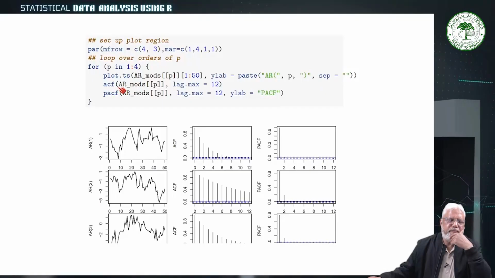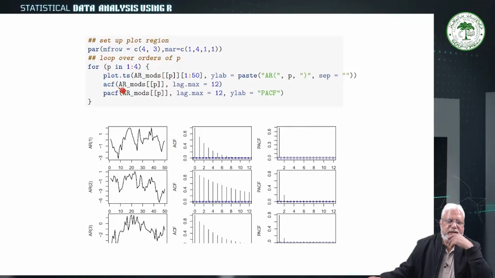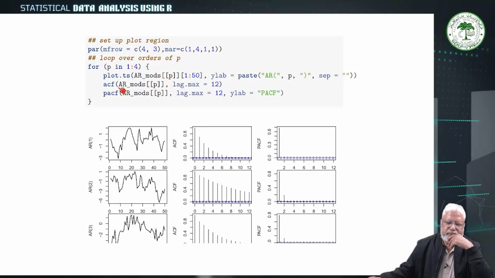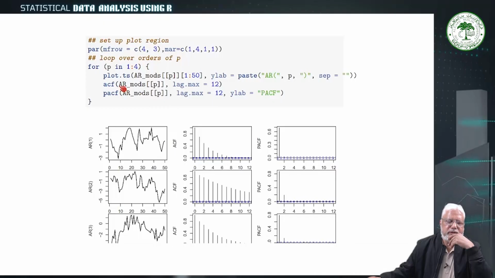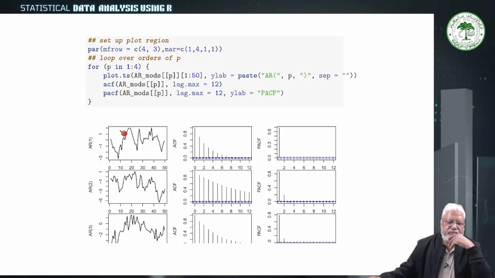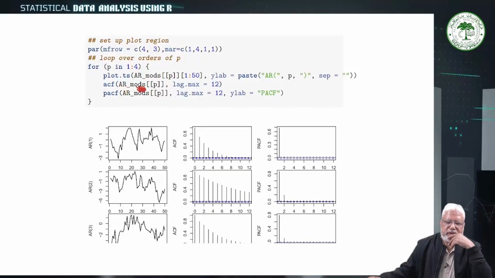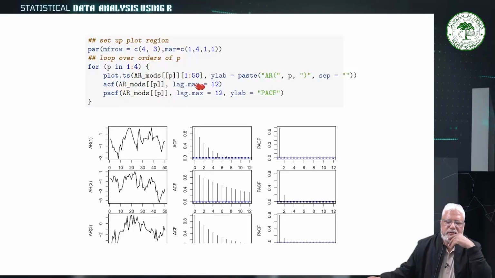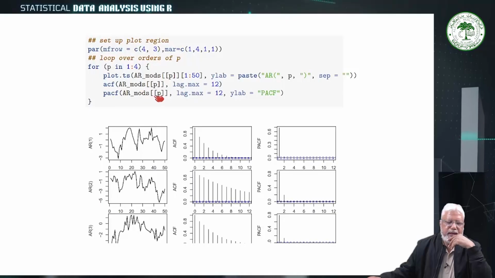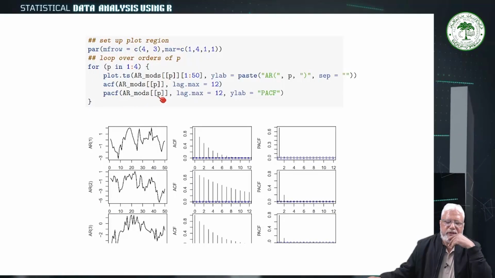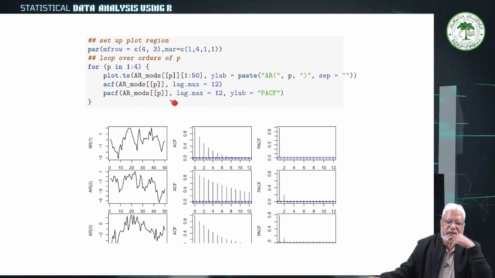Then this is the ACF. This one is for time series plots, and then it goes for ACF plots. These are the ACF plots, with lag.max equal to 12, and then the partial autocorrelation function PACF plots.